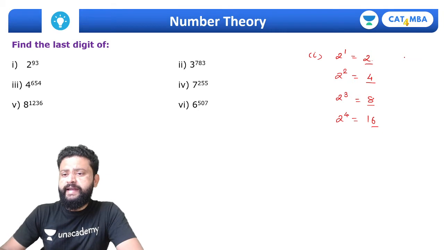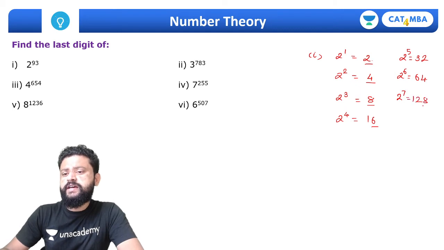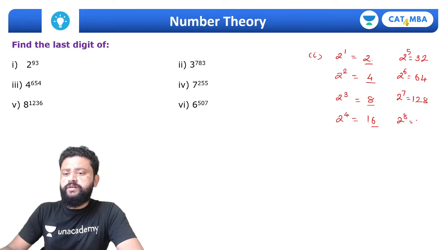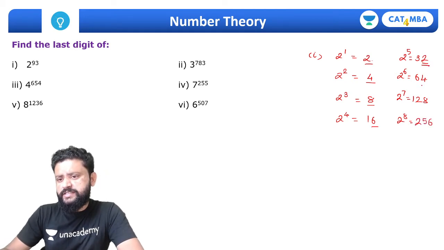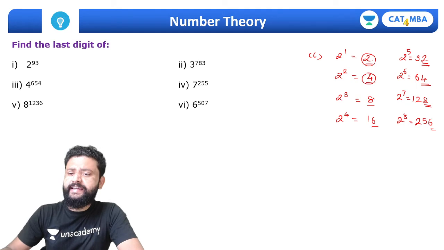Now onward, 2 to the power 5 is 32, 2 to the power 6 is 64, 2 to the power 7 is 128, 2 to the power 8 is 256. So if you observe again the last digits 2, 4, 8, 6. So this is what we call cyclicity.